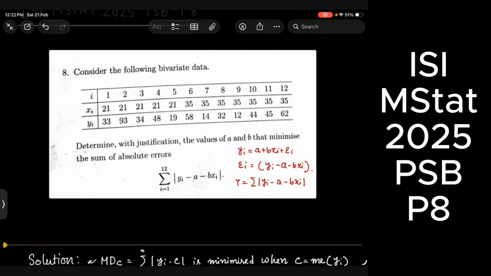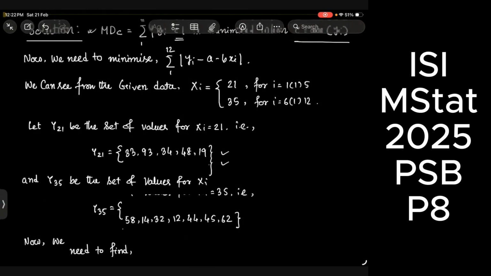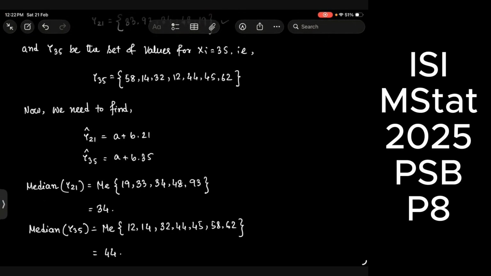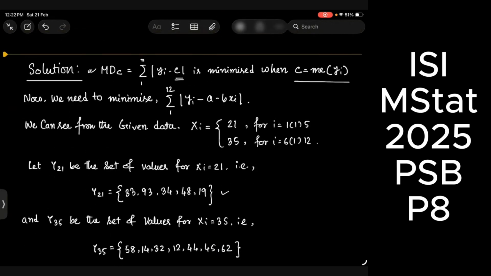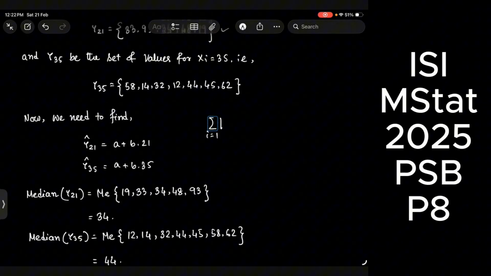So if you break it, we are taking two groups, meaning the sum over i equal to 1 to 5 of yi minus alpha, plus the sum over i equal to 6 to 12 of yi minus beta. Do you agree on that?